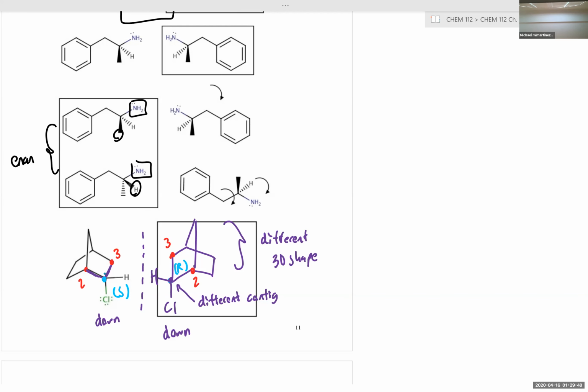But once you start formally assigning each center as R or S, it becomes really clear that the relative position of your substituents has changed. And as a result, this molecule has a different 3D shape. Does that make sense? So it's not just the relative position of hydrogen and chlorine, but the position of every other group in your molecule that has changed.